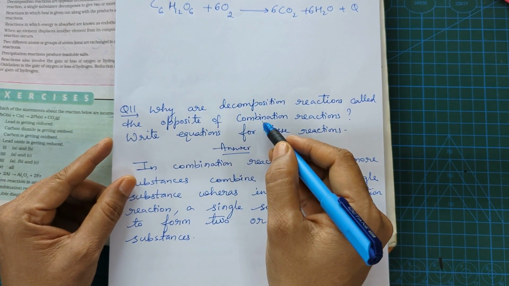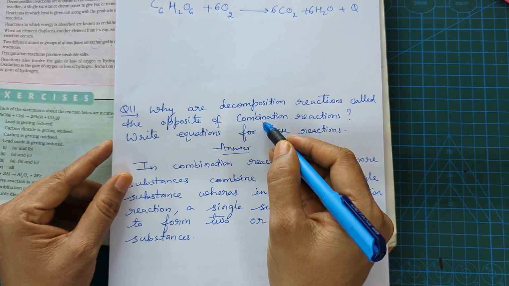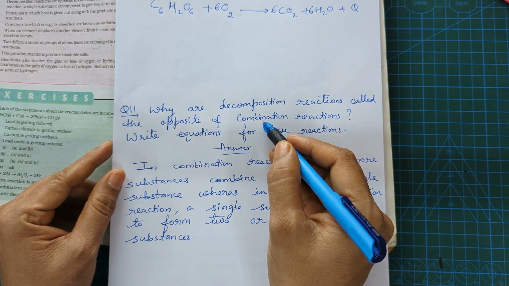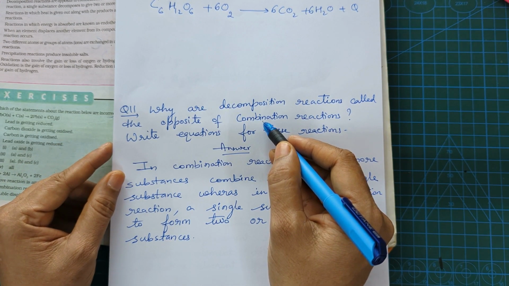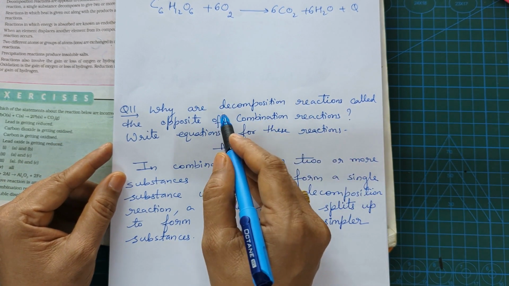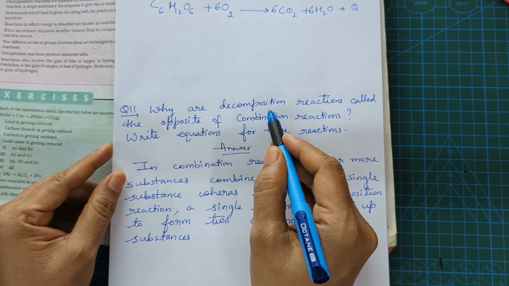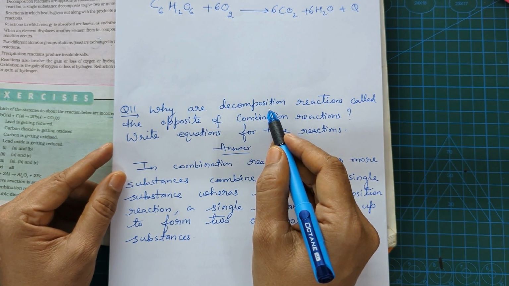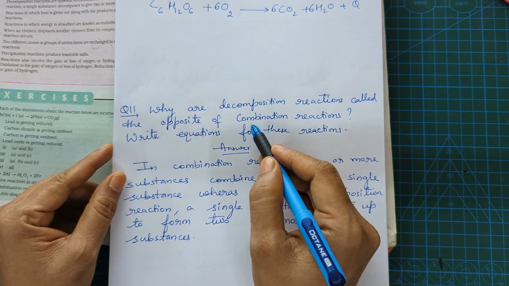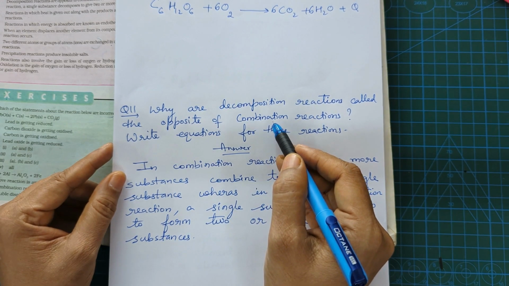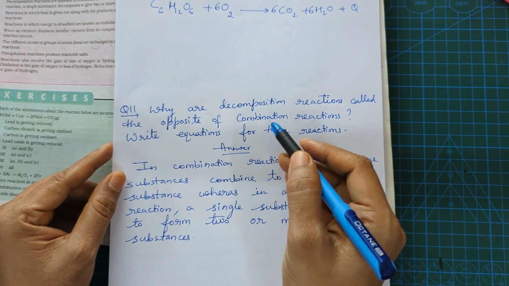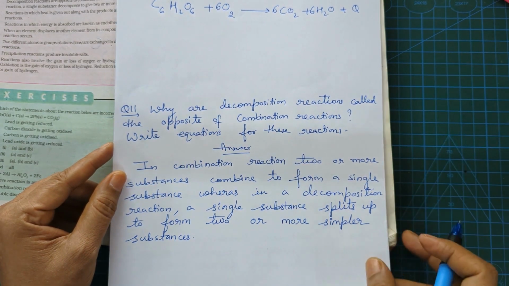Whereas a combination reaction is a reaction where two or more simpler substances combine under certain conditions to form a single substance and heat energy is produced. So decomposition reactions are endothermic in nature, meaning they absorb heat energy. Combination reactions are exothermic in nature, meaning they liberate or give out heat energy.